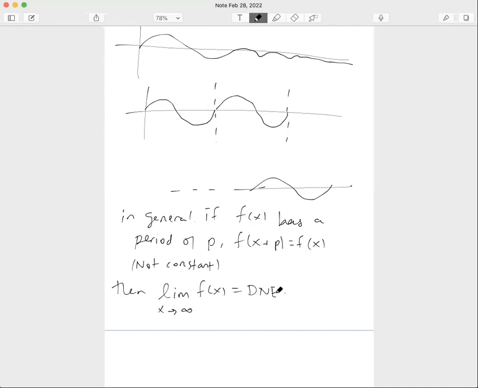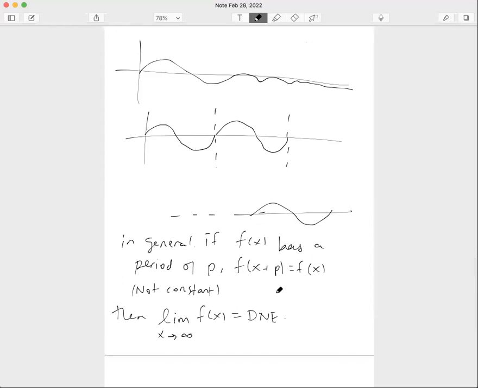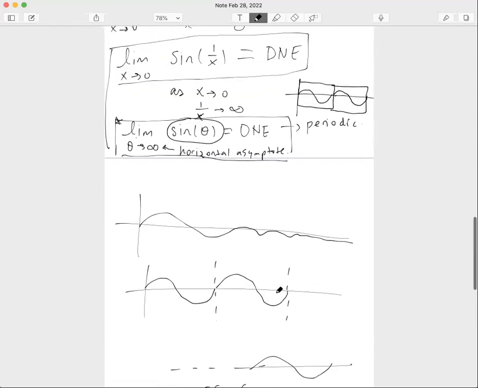So all of those trigonometric functions don't have any limits as x goes to infinity. Maybe if you tack on a 1 over x, it can go off to 0, but periodic functions can't approach anything, because they have to repeat themselves forever, and repeating itself forever does not mean approaching anything. So periodic functions' limits don't exist as x goes to infinity.